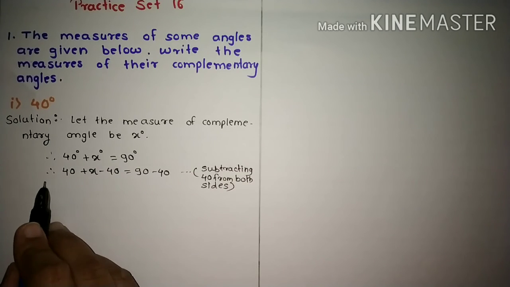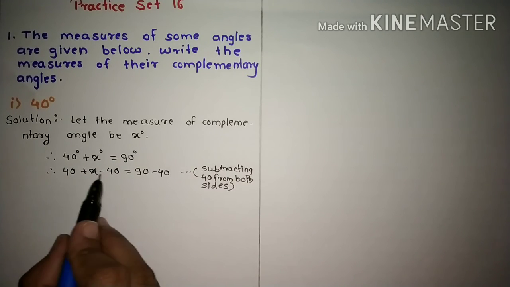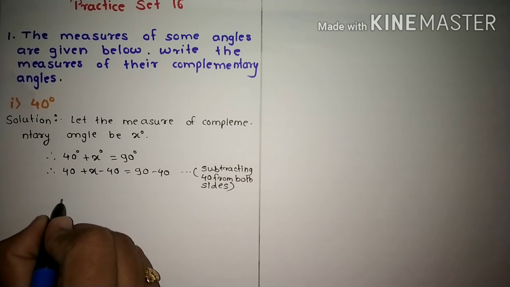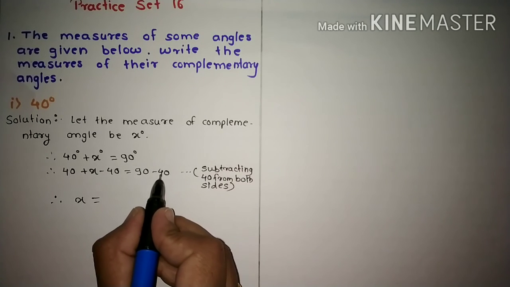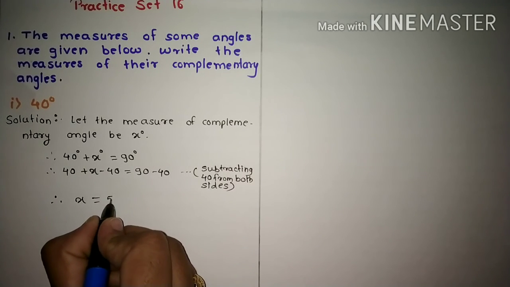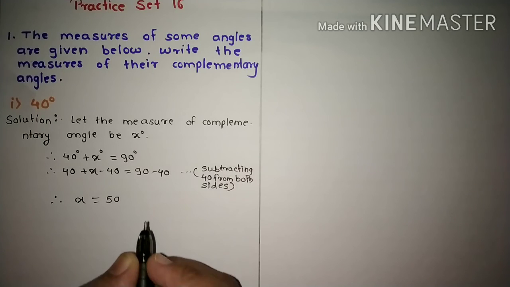Okay. Now 40 minus 40 is 0 and 0 plus x is x. Therefore x equals 90 minus 40, which is 50. Okay.